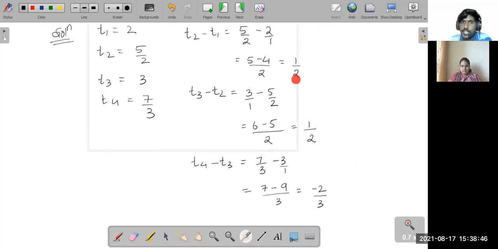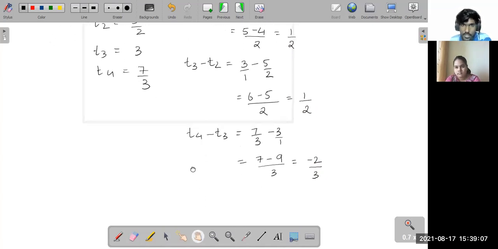Here, T2 minus T1 is 1 upon 2, T3 minus T2 is also 1 upon 2, but T4 minus T3 is not 1 upon 2. It is not the same. All three have to be the same, then only it will be an AP. Here all three are not the same, so it is not an AP.